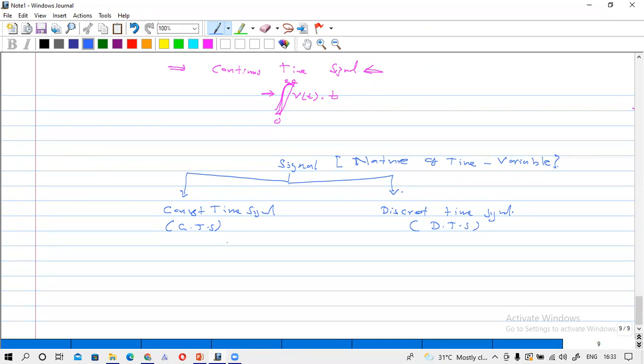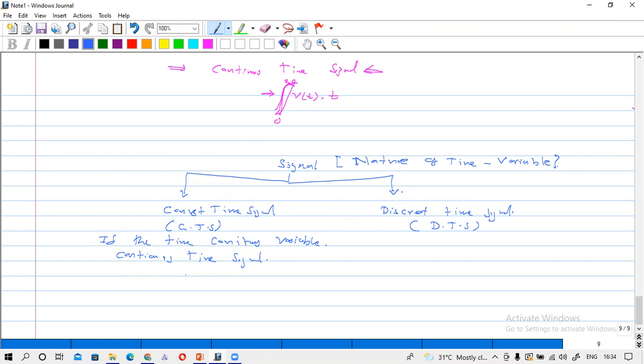So if time is a continuous variable, that means time has continuous values, we call it a continuous time signal.